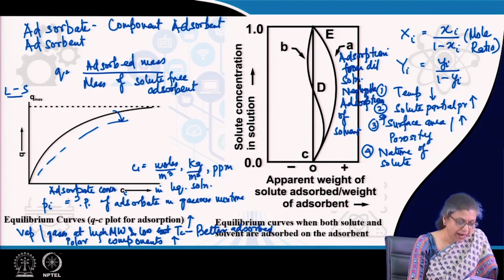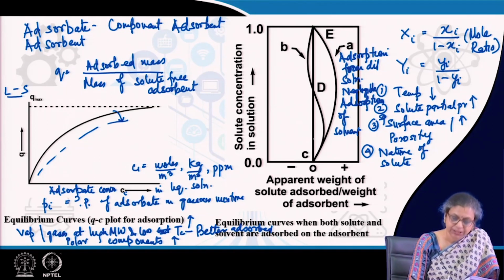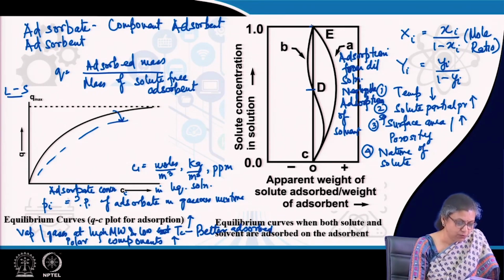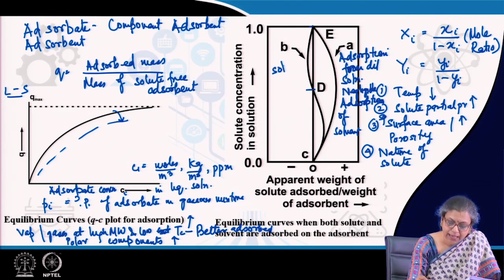But when the solvent is appreciably adsorbed, we actually have a curve of this sort, where in this particular part D to A the solvent is more strongly adsorbed as compared to the solute.